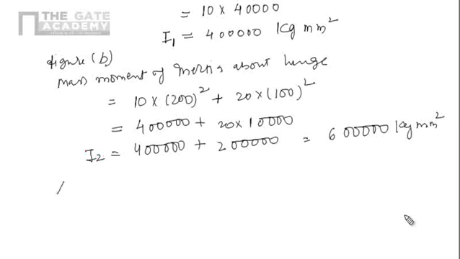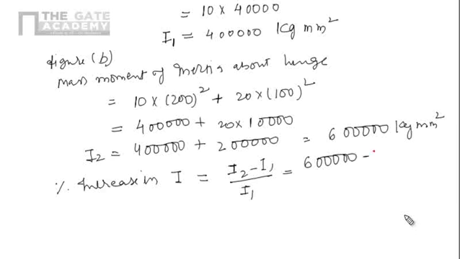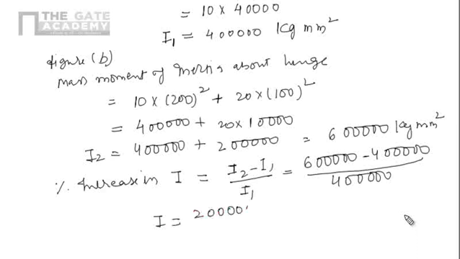So now the percentage increase in I is I2 minus I1, that is 6,00,000 minus 4,00,000, divided by 4,00,000. So it will be 2,00,000 by 4,00,000.